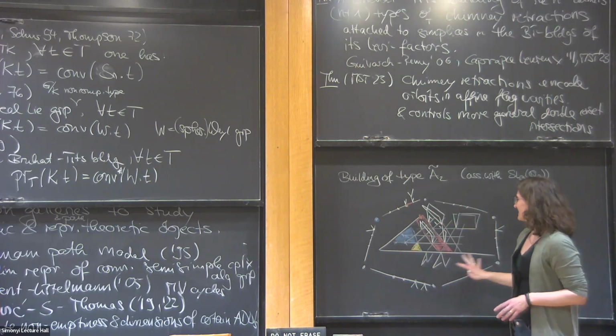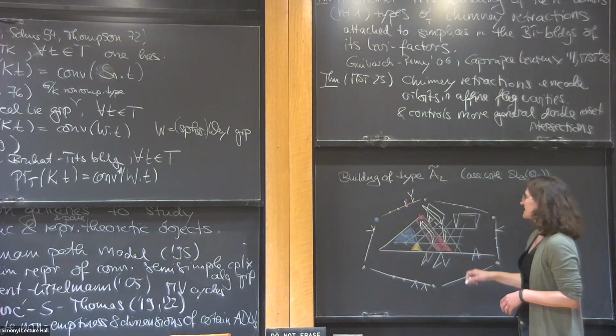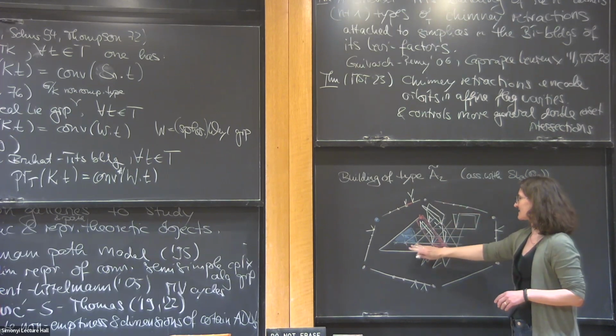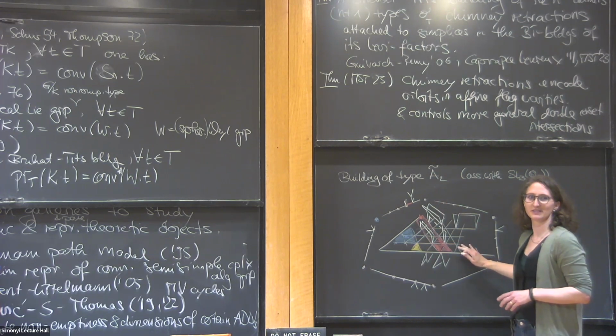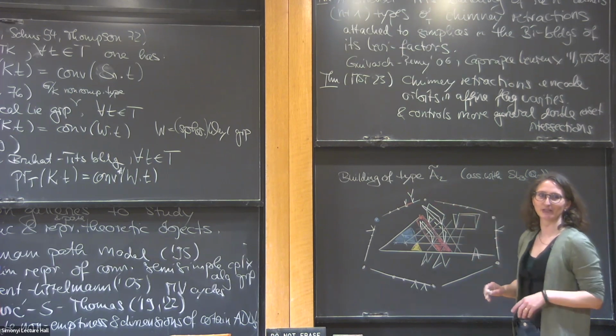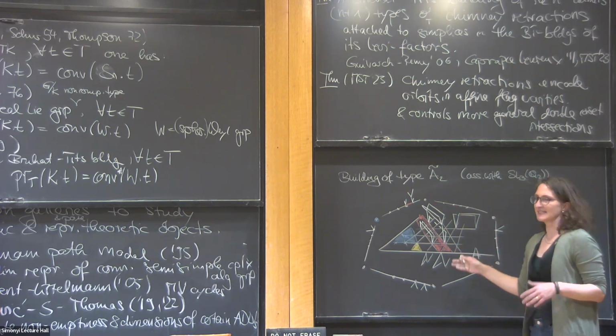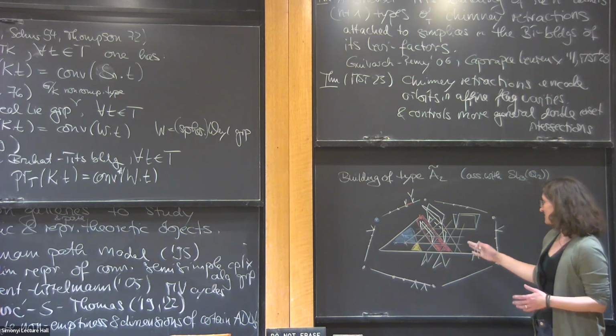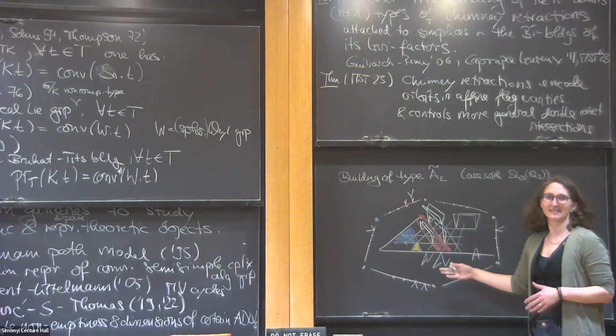So in the middle here, you see a building of type A2 tilde. The base apartment is this horizontal flat over here, which is the exact same copy in perspective of the example we've been looking at over there. And then, as I said, lots of other copies of this thing are glued onto it. And they branch off, like I've indicated here.